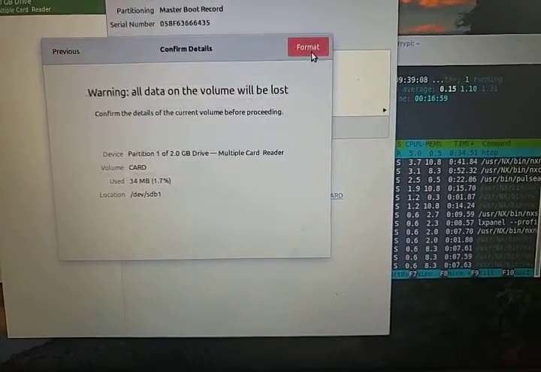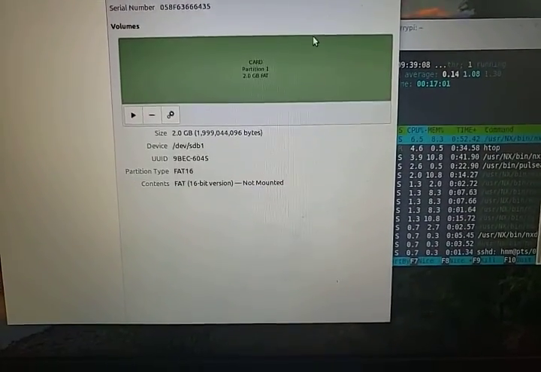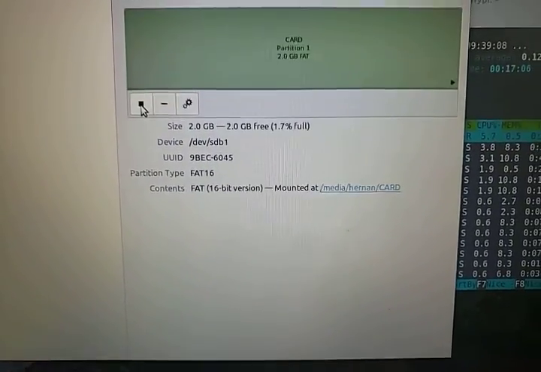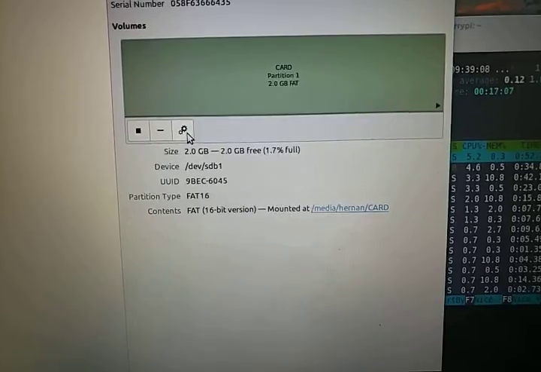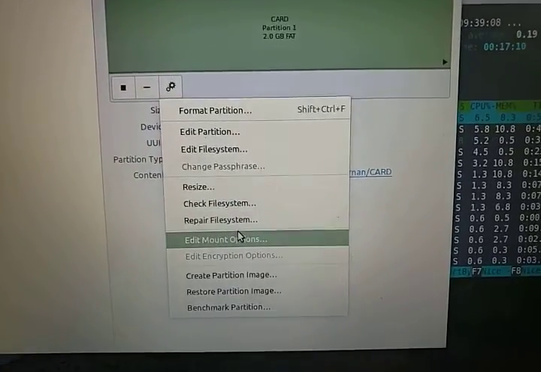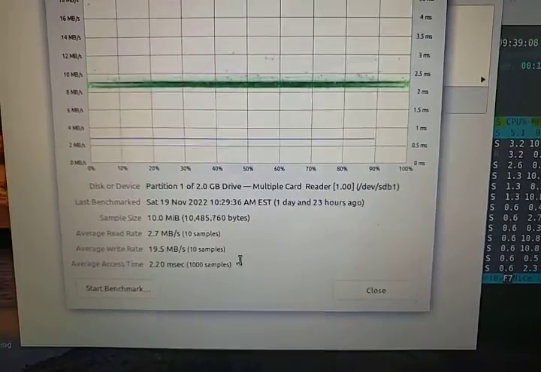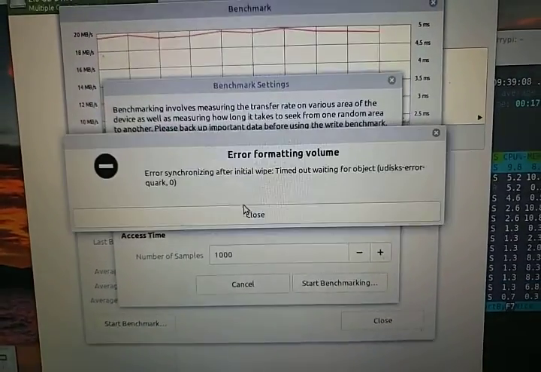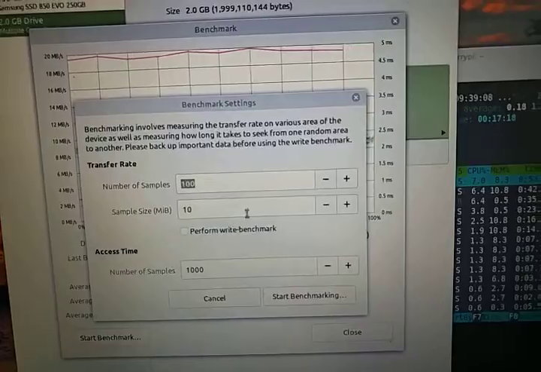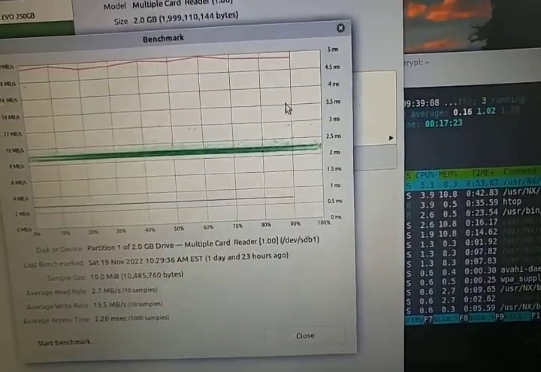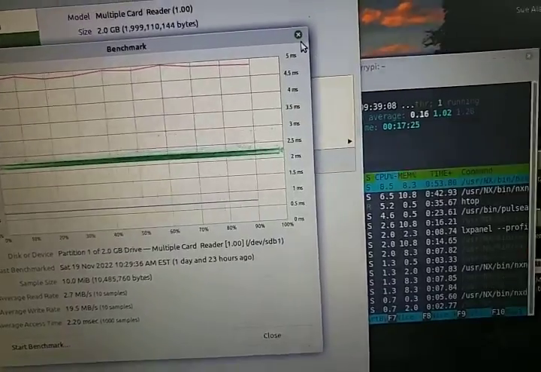I cannot format. They are really bad. Even if I can format 2 gigabytes of a card of 32 gigabytes, it's unacceptable. So I cannot even benchmark. I see an error formatting the volume. So all these cards, out of 10, 3.